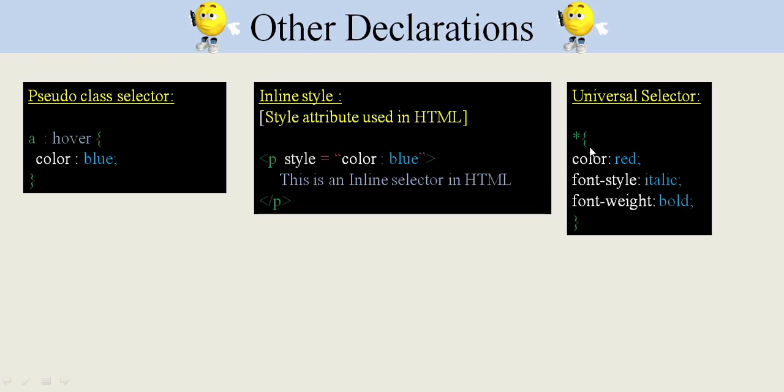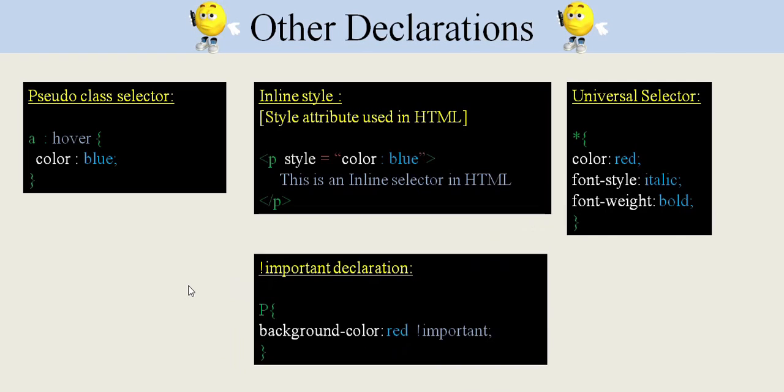The asterisk symbol represents the universal selector. That means it will give the properties to everything within our web page, right? That is what you need to understand about the universal selector. If I give color red, font style italic and font weight bold, these three properties will be applied to the entire web page.